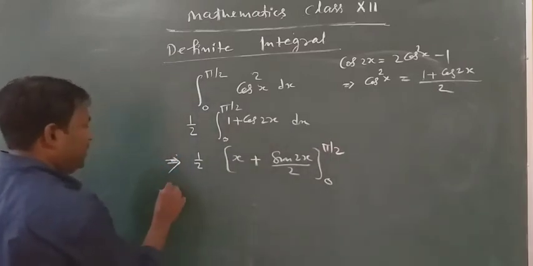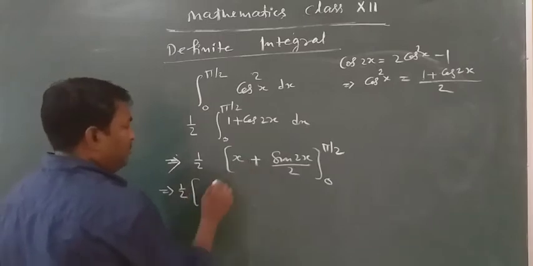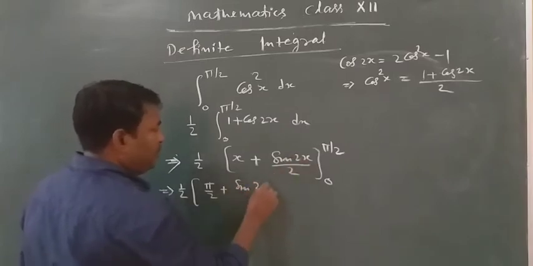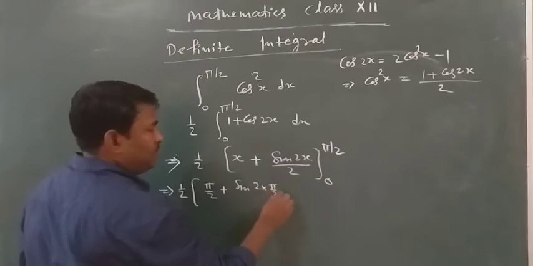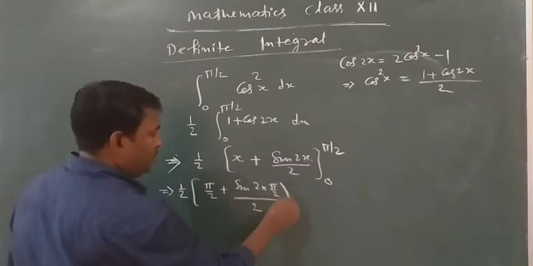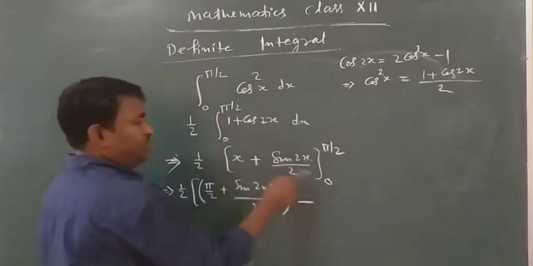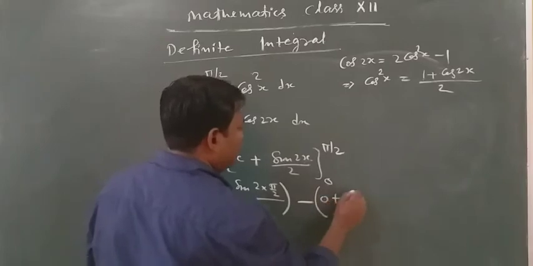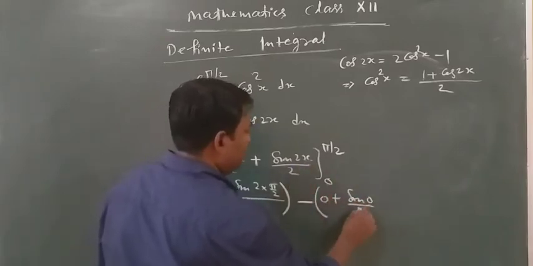So this implies 1 by 2 times pi by 2 plus sin 2 into pi by 2, divided by 2, minus, at the place of x you need to put the lower limit, so it is 0 plus sin 2 into 0, sin 0 upon 2.